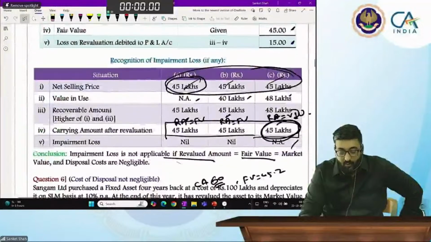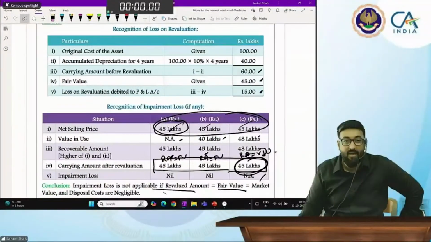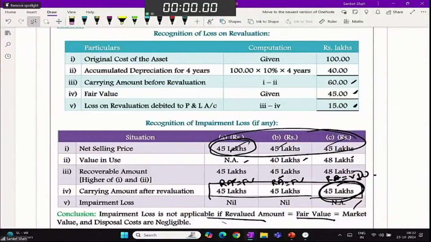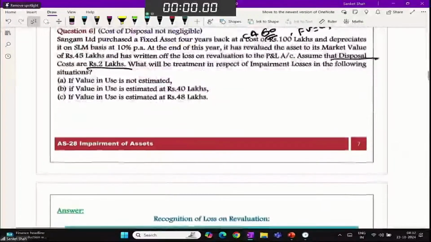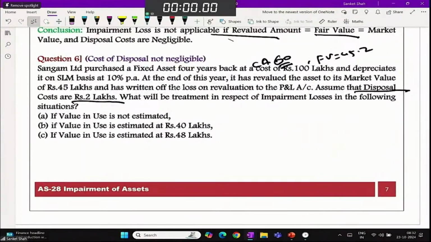Look, this is the format. Take a screenshot of this. According to this format, solve question 6, and tell me the answer of question 6 after the break.